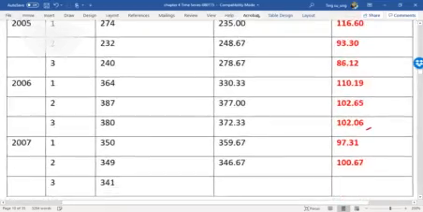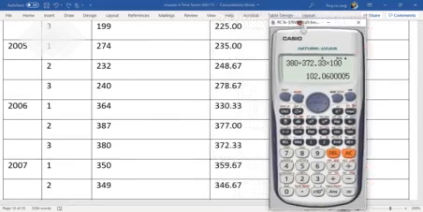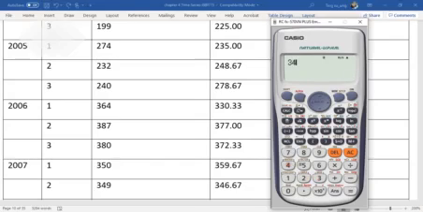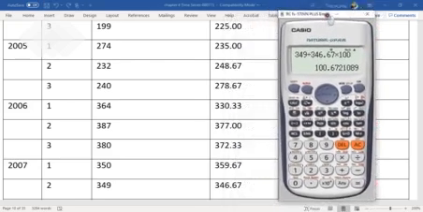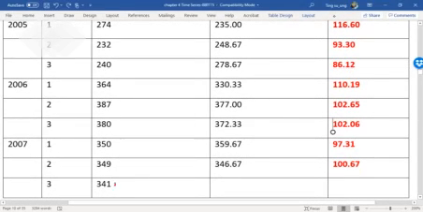Okay, so correct. Then 349 divided by 346.67 times 100. Okay, 100.67.